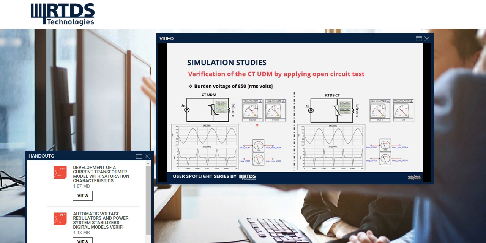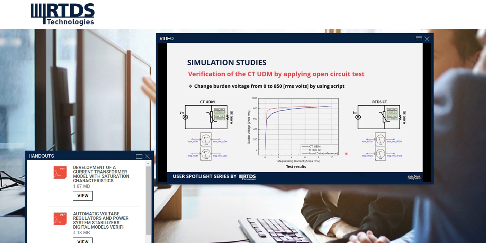The meters shown on the right side of the circuit are RMS voltage and current values, and the result of CT-UDM yields almost the same result as the last point of the input data. On the other hand, the RTDS CT model shows a bit different result from the input data.